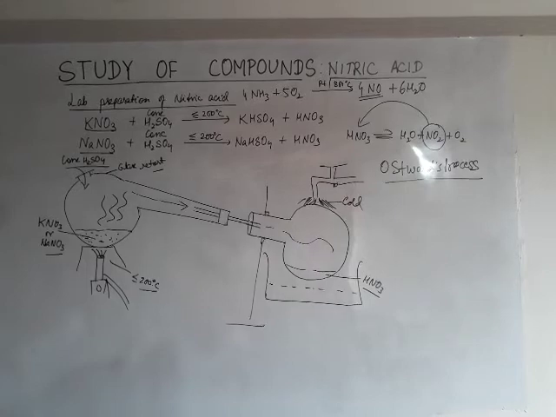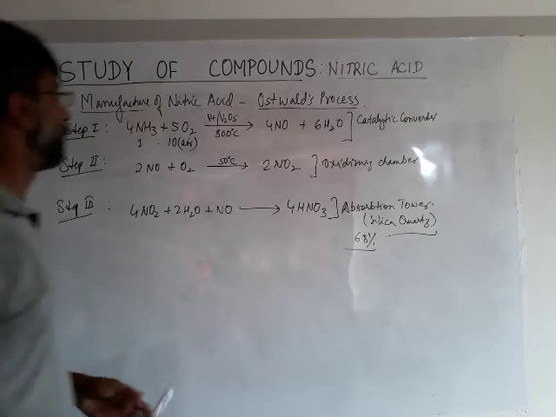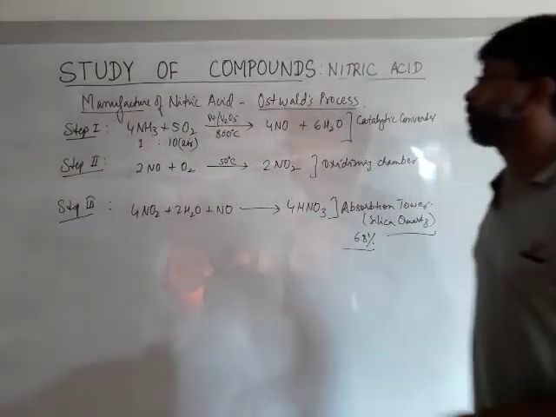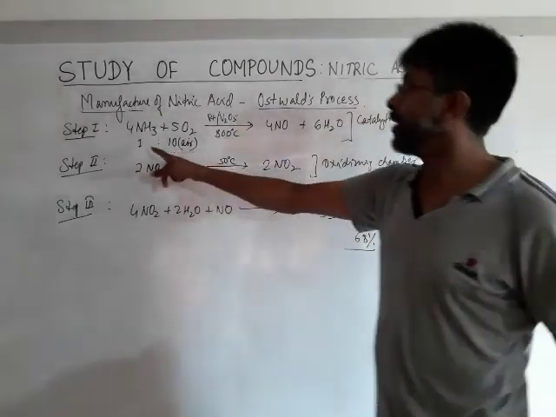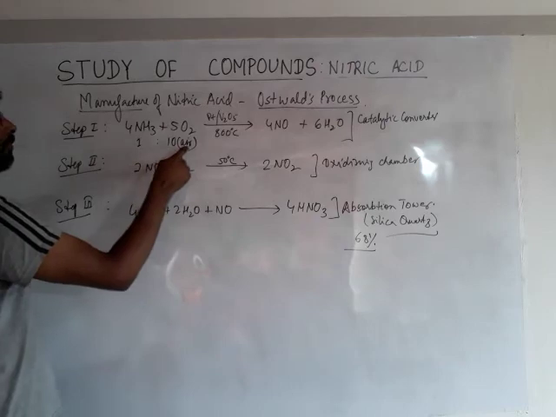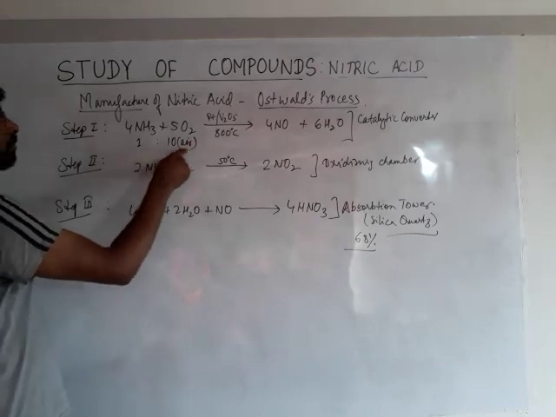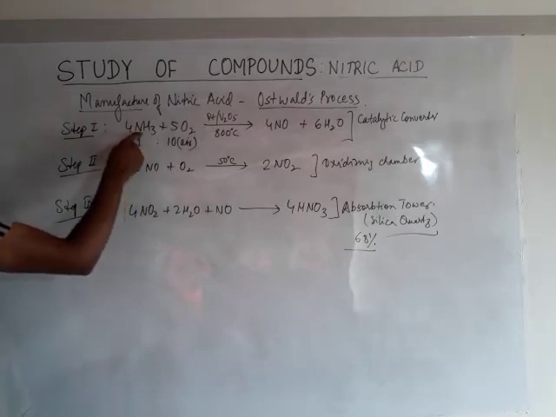Now, my dear students, you can see on the board, manufacture of nitric acid by the Ostwald's process. This Ostwald's process takes place in 3 steps. The first step is catalytic oxidation of ammonia. In this reaction, 1 volume of ammonia is mixed with 10 volumes of air, out of which only oxygen is used to react with ammonia gas.